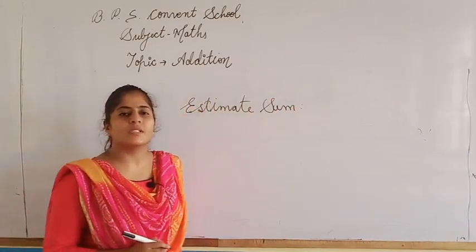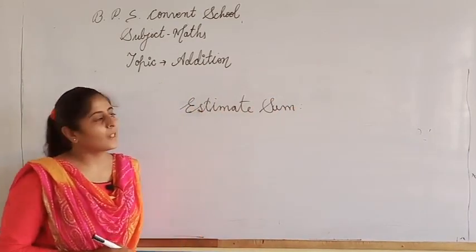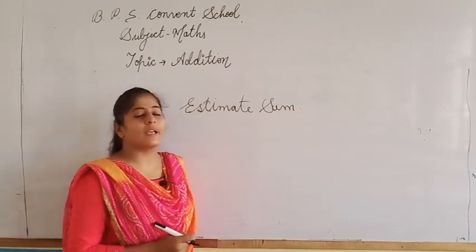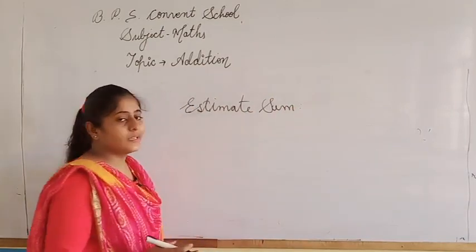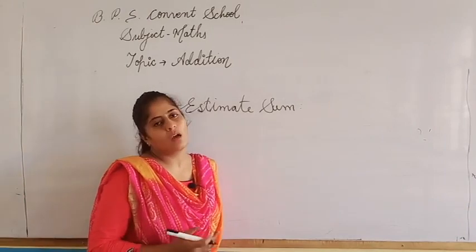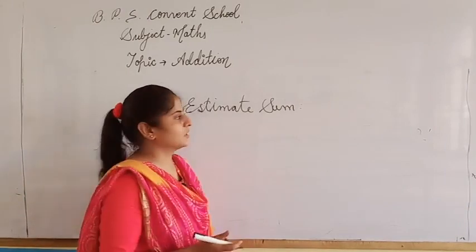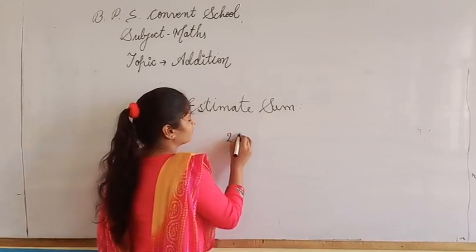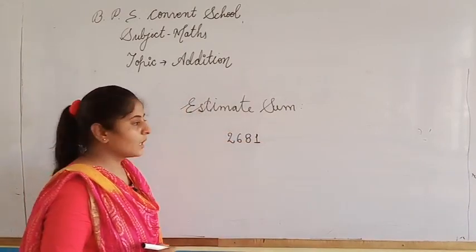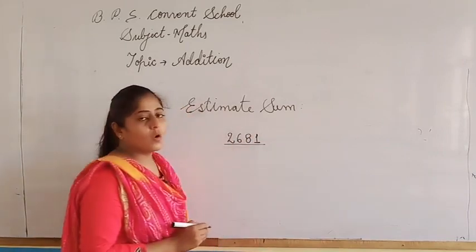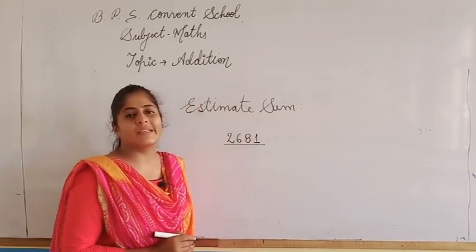Next topic is estimate sum. Sometimes we get estimate values. For example, nearest tens, hundreds and thousands, we get the estimate amounts. For example, 281. Rounding off this number to the nearest tens.